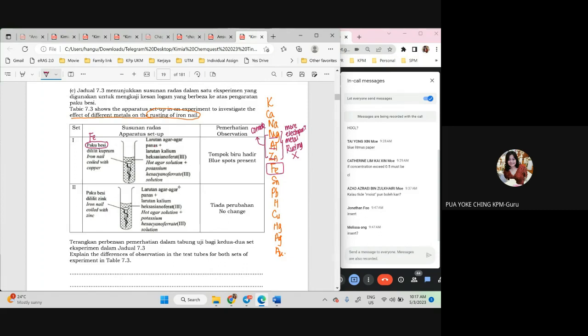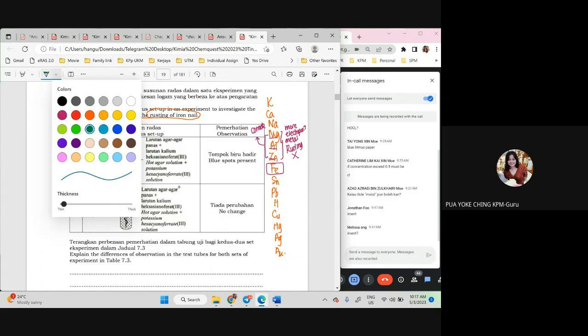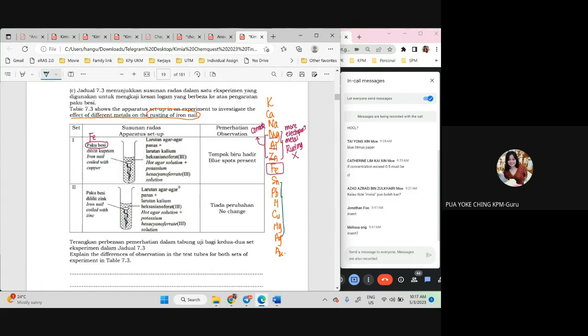Kalau Fe bersama dengan logam-logam di bawah dia yang kurang electropositive, rusting berlaku dan lebih cepat. So, kalau eksperimen ini kita bergantung. Kadang-kala dia ada bagi nama, kadang-kala dia tak bagi. Kalau tak bagi, so you tengok observation.